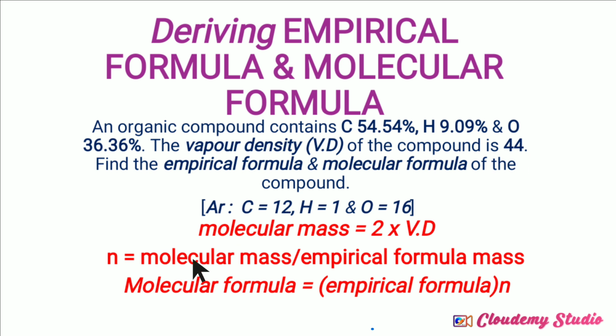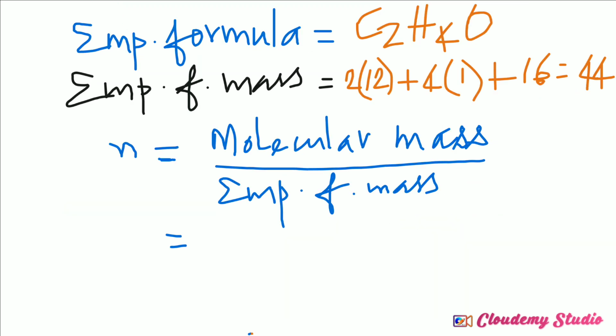Now, as per this formula, molecular mass is equal to 2 times vapor density. So that we are going to apply here. Vapor density was given in the question as 44.